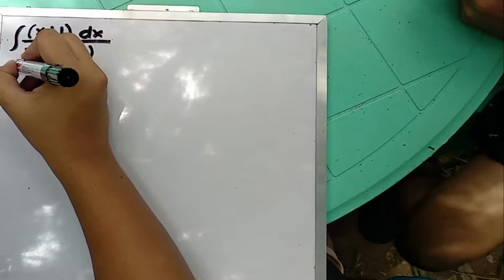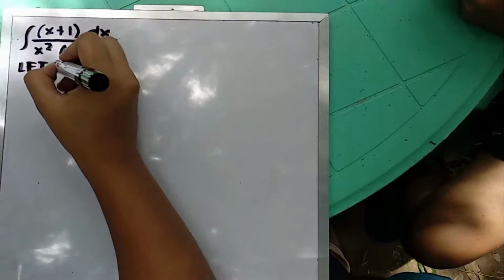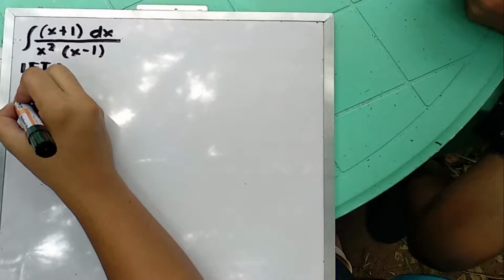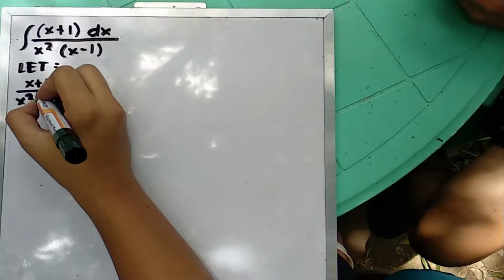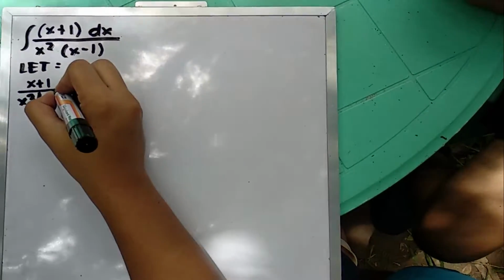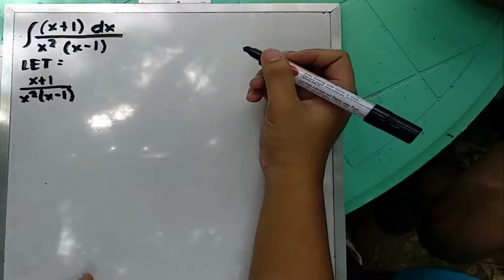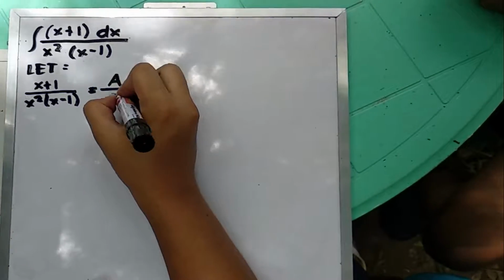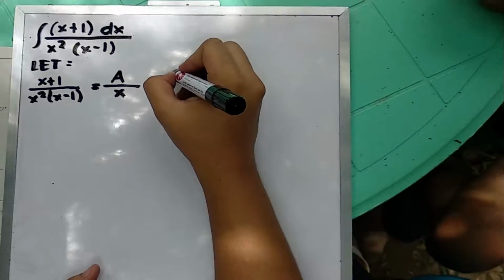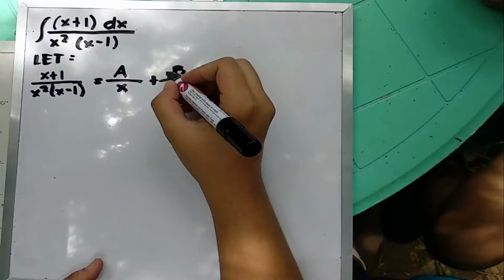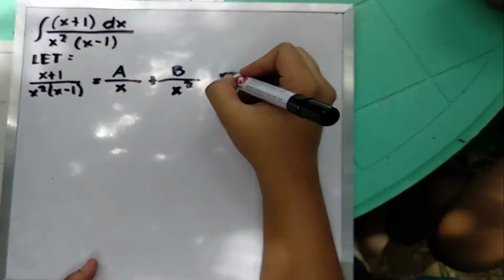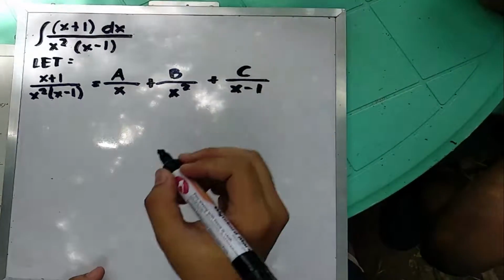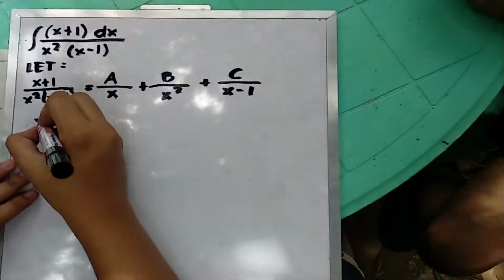The integral of (x plus 1) dx over x squared times (x minus 1). We use the partial fraction decomposition to rewrite the expression: (x plus 1) over x squared times (x minus 1) is equal to A over x plus B over x squared plus C over x minus 1.